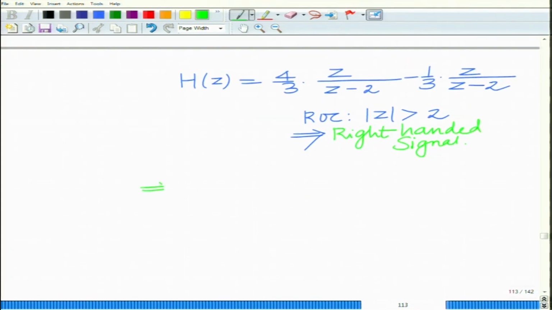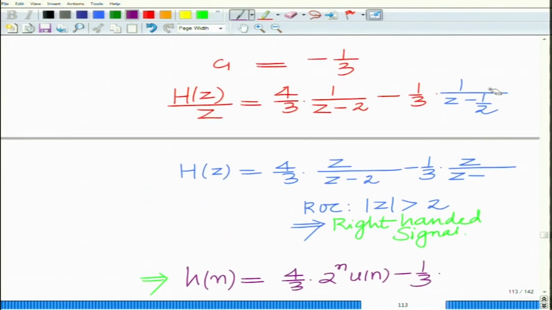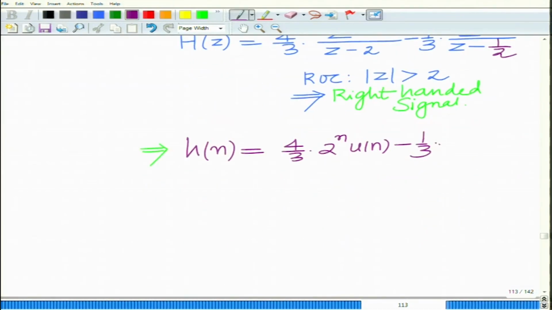Which implies that the impulse response h[n] is simply 4 by 3 times 2 raised to n u[n] minus 1 by 3 times half raised to n u[n].